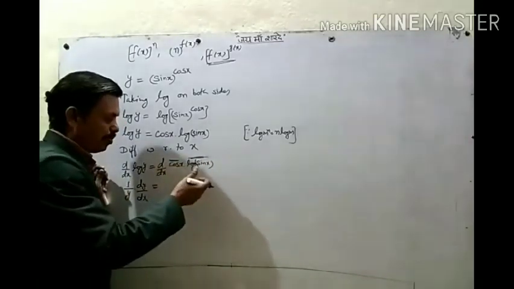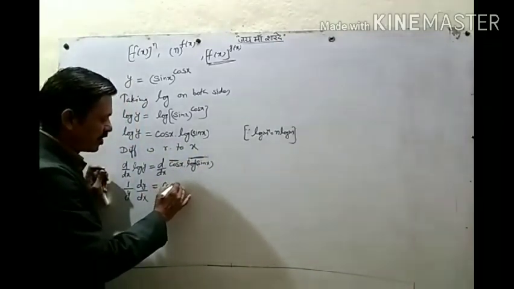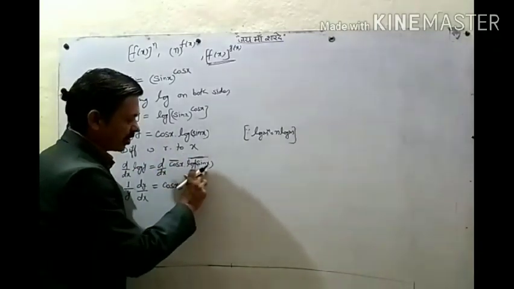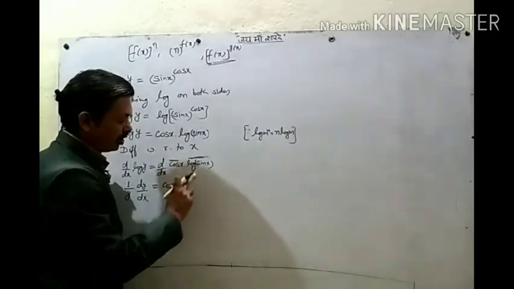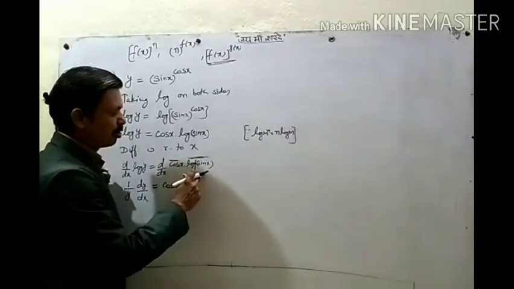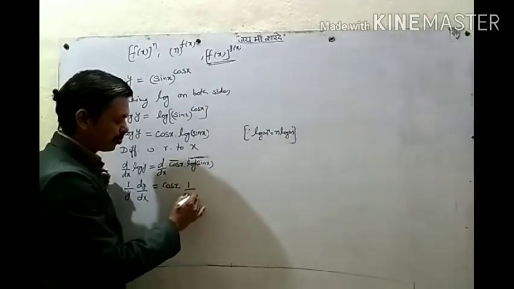Then here we have two functions, cos x and log of sin x. To apply the product rule, cos x, the first function, as it is into derivative of log of sin x. Log of sin x is in the form of log x, so derivative of log x is 1 by x, means 1 by sin x.